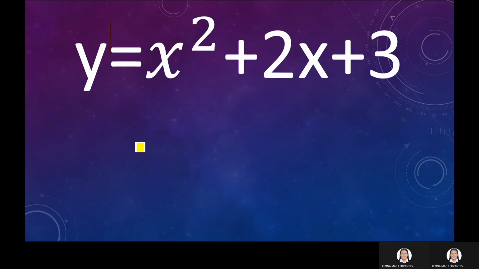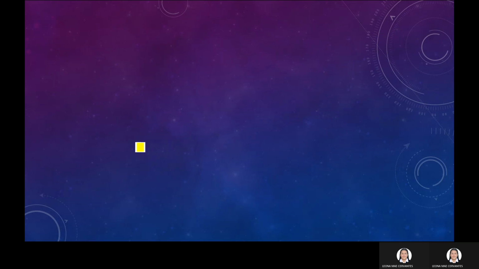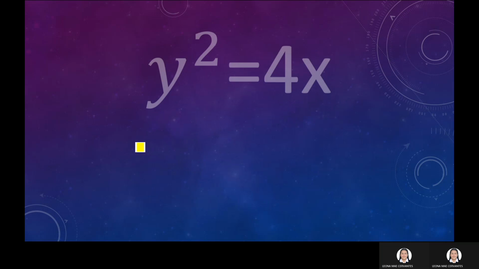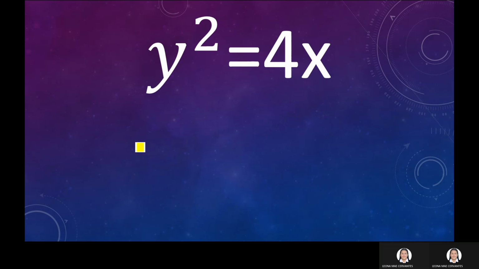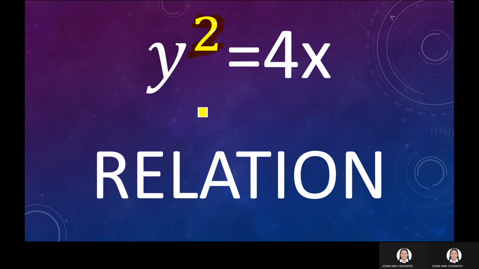So this is considered as function. Next example, we have y squared equals 4x. The exponent of y or range is 2, which is an even number. So this is considered as relation.